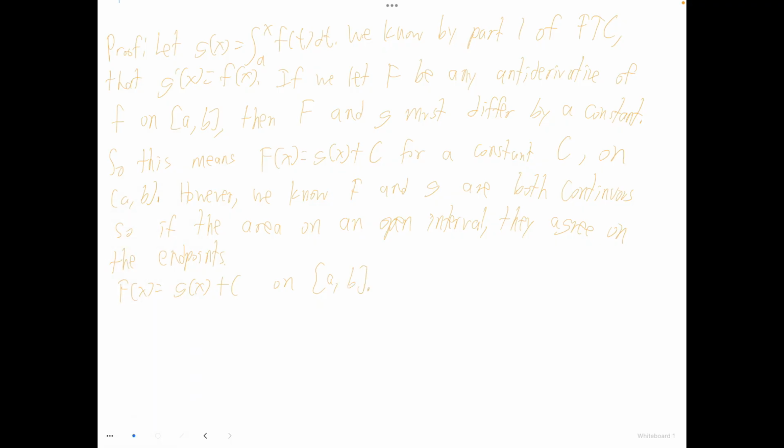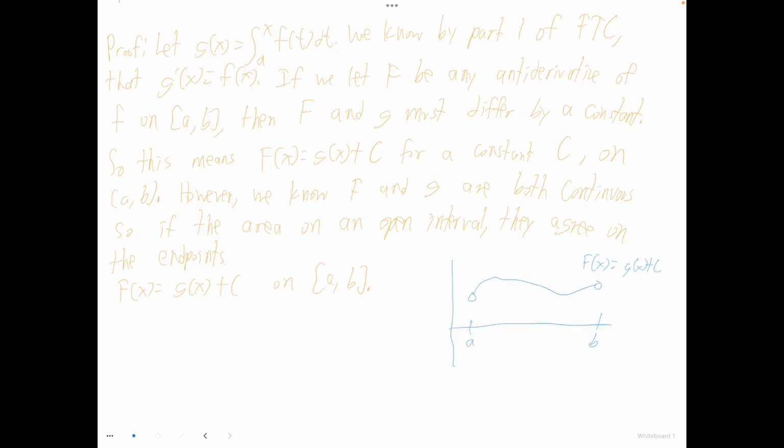And kind of a picture to see why this is true is what we have here. We've got these two functions where we know everywhere from a to b, this is a, this is b, that capital F of x equals little g of x plus c. We don't know if it's true at the endpoints, but we know both of them are continuous.